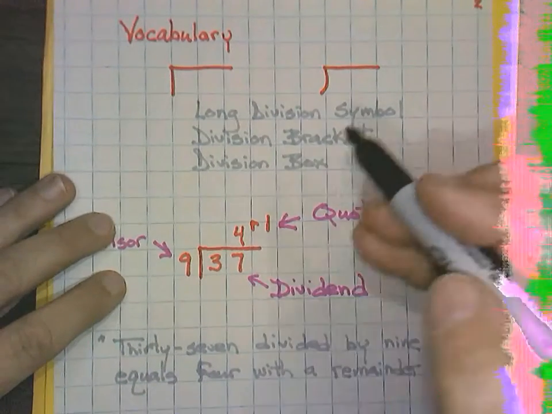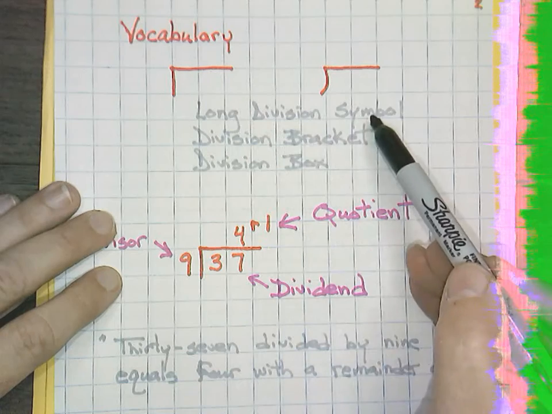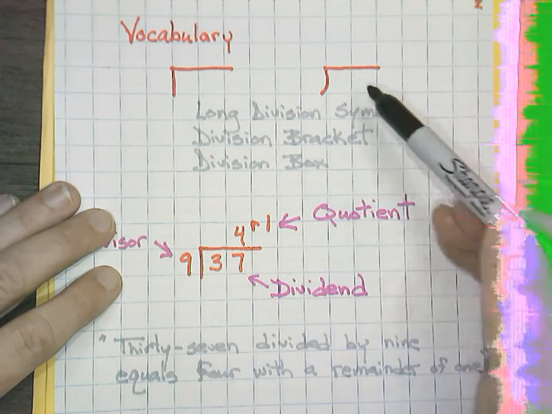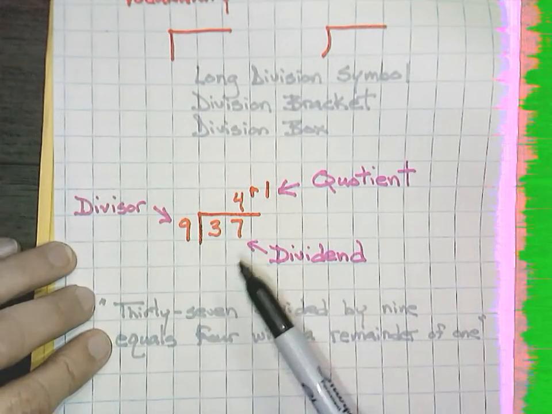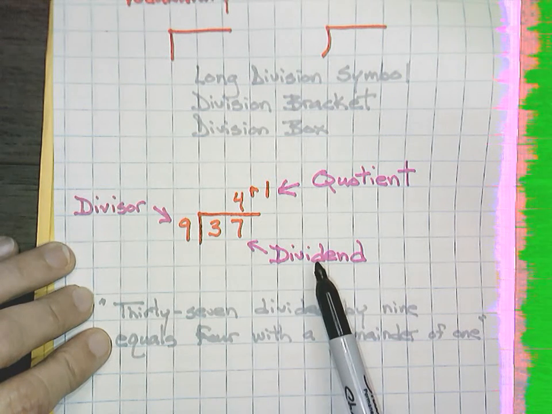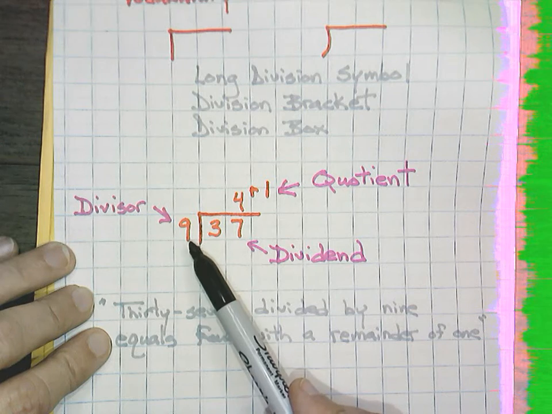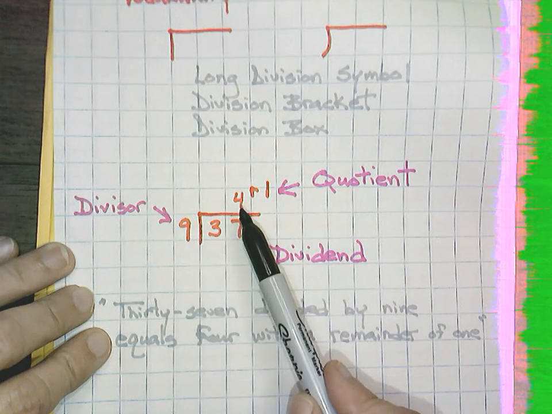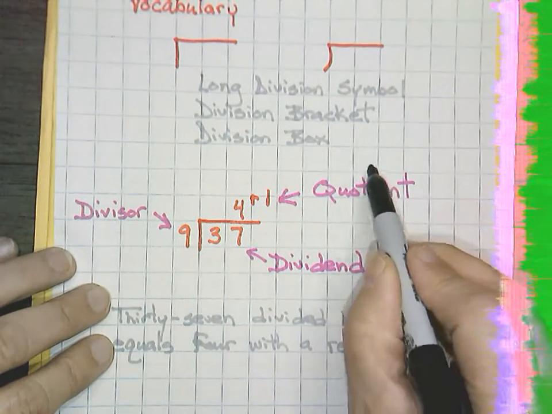Remember some vocabulary. For this lesson, we are using long division symbols. Sometimes they're referred to as division brackets. I like to call them a division box, and sometimes they'll look like this with this curve. Our vocabulary: the large number that we start with is called the dividend. The number of equal groups that we're looking for, in this case 9, is called the divisor, and the answer, in this case 4 with a remainder of 1, is referred to as the quotient.